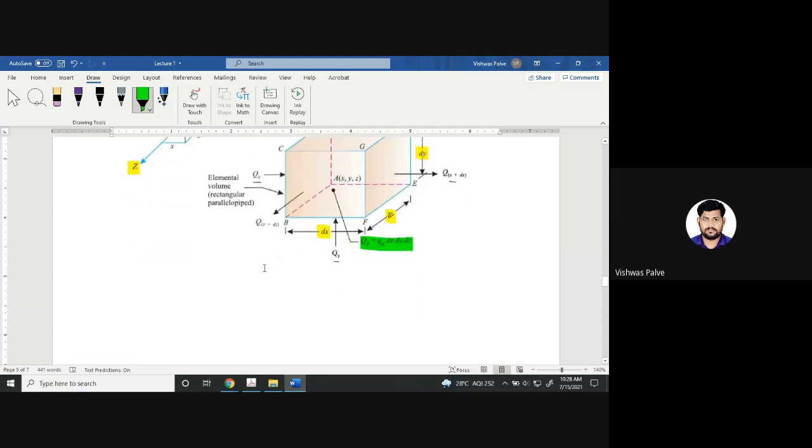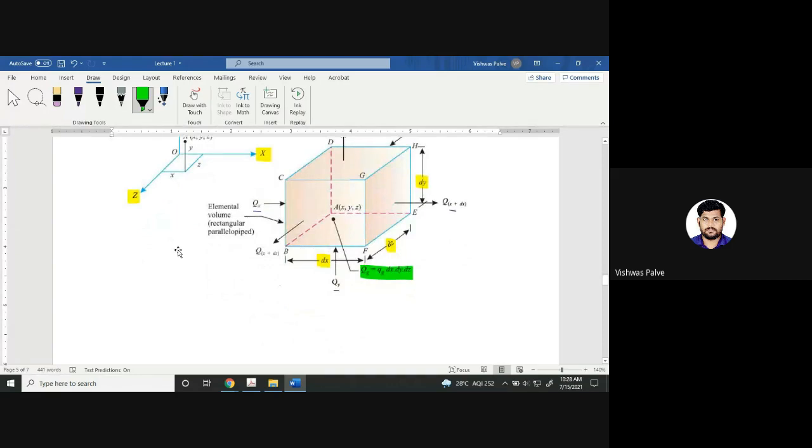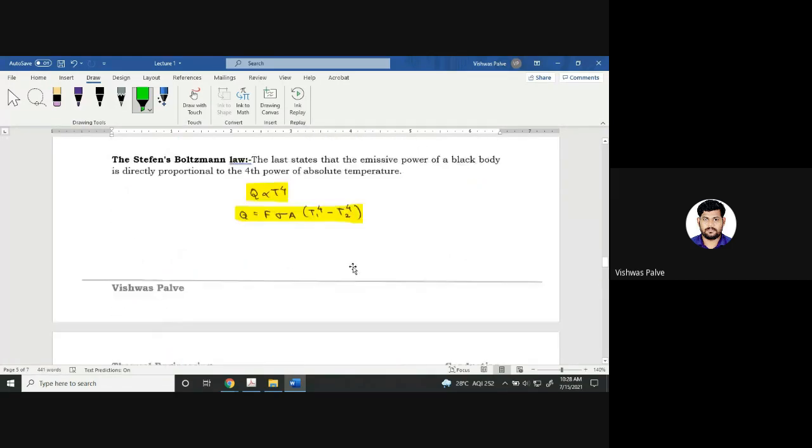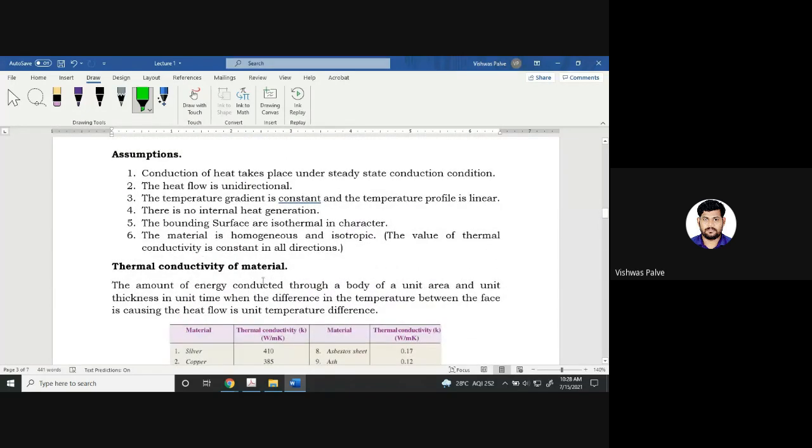Similarly, there will be thermal conductivities of the body, which will be kx, ky, and kz. We know the definition of thermal conductivity from the last lecture: the amount of energy conducted through a body of unit area and unit thickness in unit time when the temperature difference between the faces causing the heat flow is unit temperature difference.